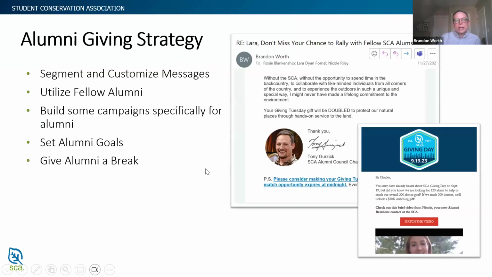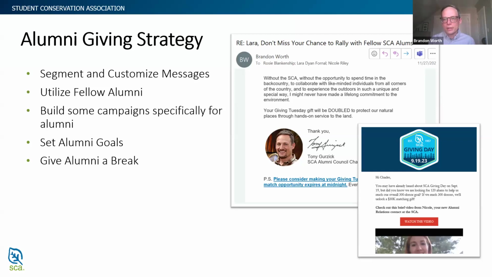So thinking about how we engage alumni, a few key things. We've got a great cohort of alumni at the SCA, so we really try to capitalize on that as much as possible through things like segmenting and customizing our messages. So with our email messages and direct mail, for example, we're always segmenting by things like giving segment.